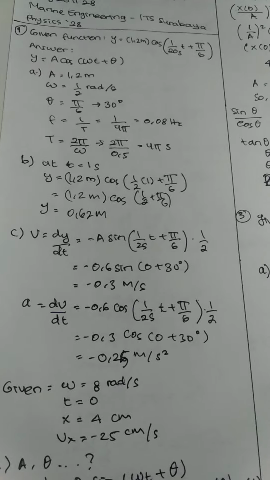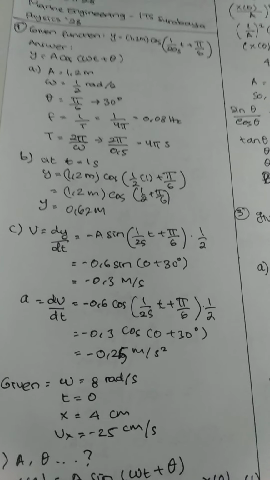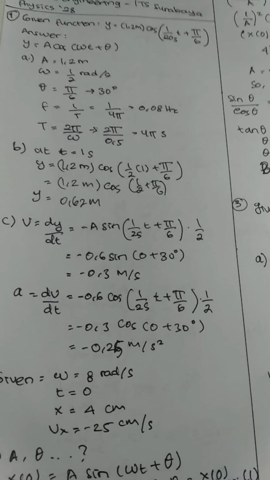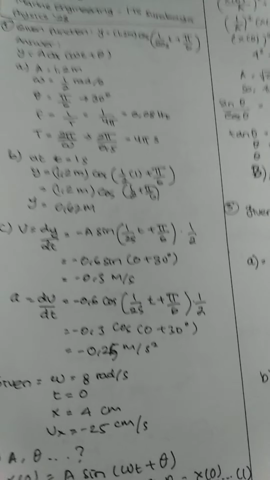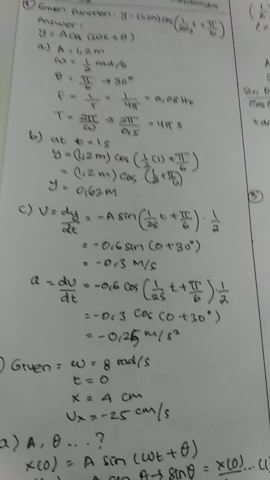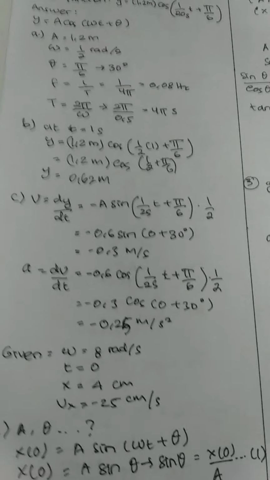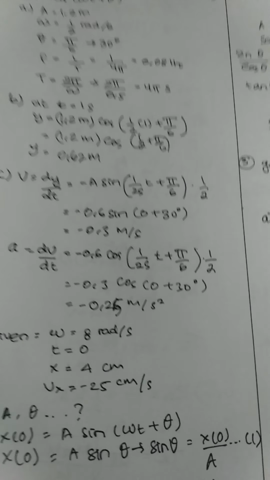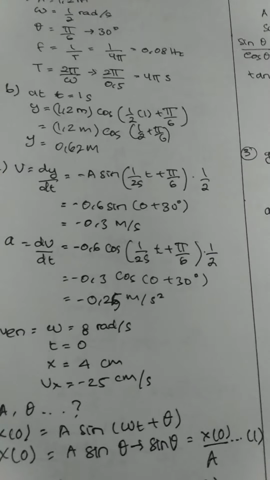And the period, the formula is 2 pi per omega, and we got the result of the period is 4 pi second. The next question: where is the object at t equals 1 second?